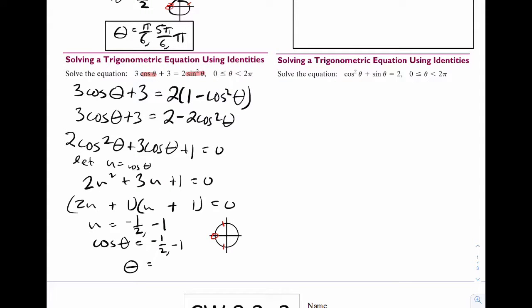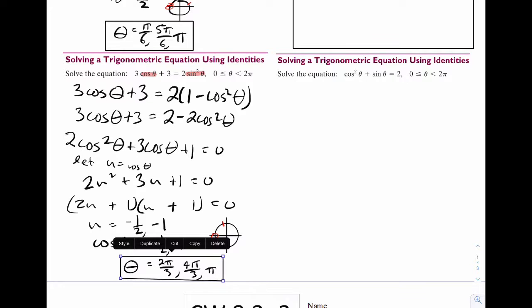So theta must be 2 pi over 3, 4 pi over 3, and pi. Great, and there's our answer.